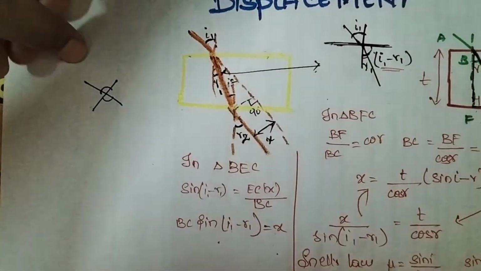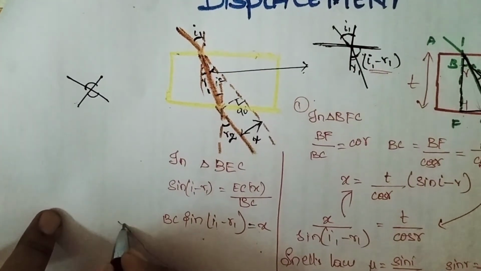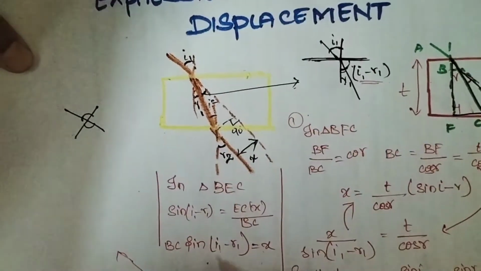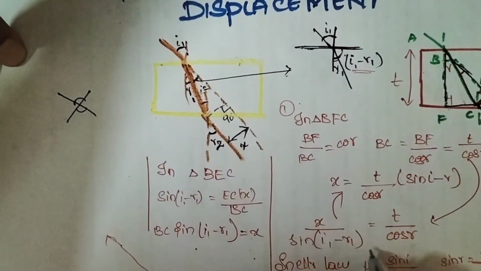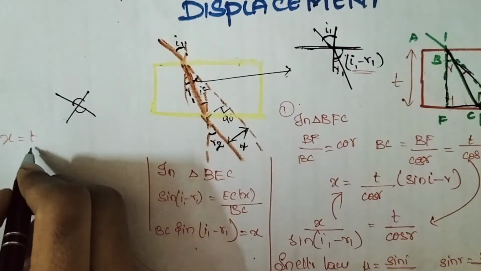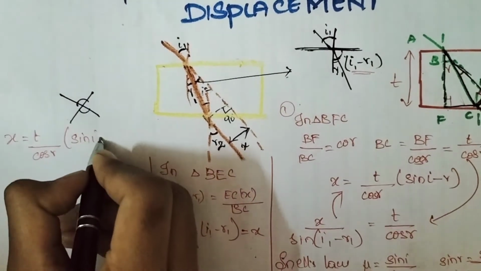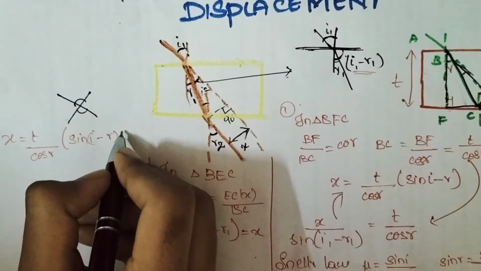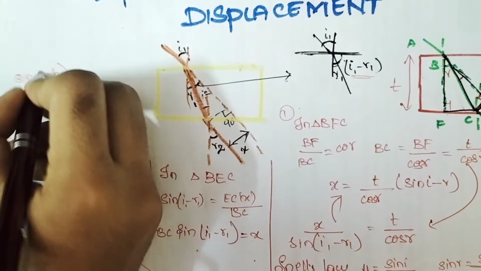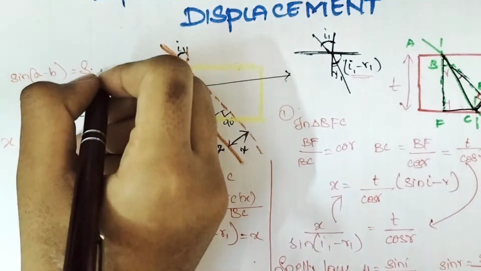Next, this is first, and then this continuation comes over here. Now know the formula x equals t by cos r sin(i minus r). This is in the sin(a minus b) formula. Sin(a minus b) can be written as what?